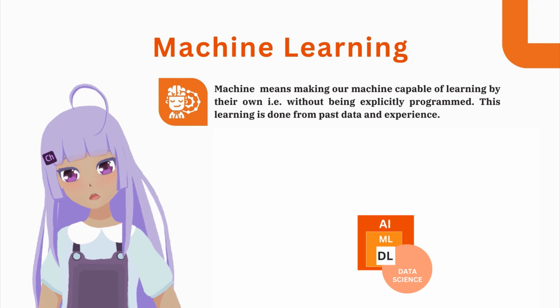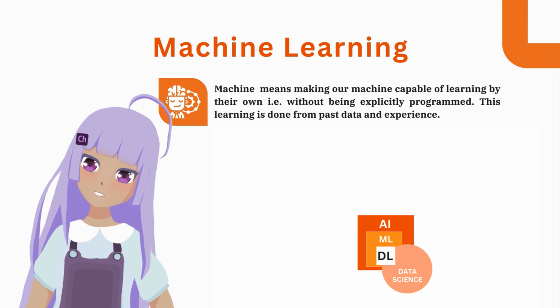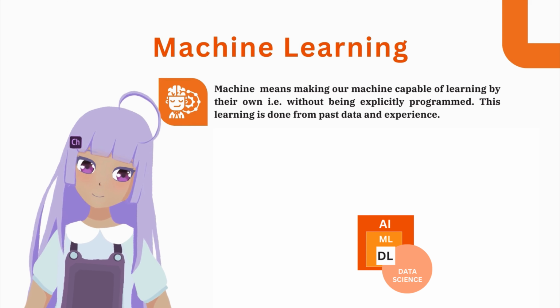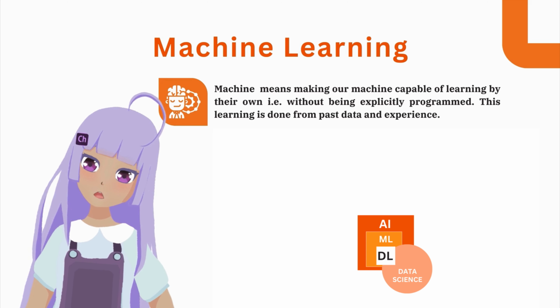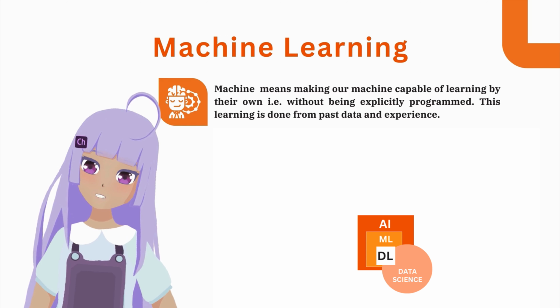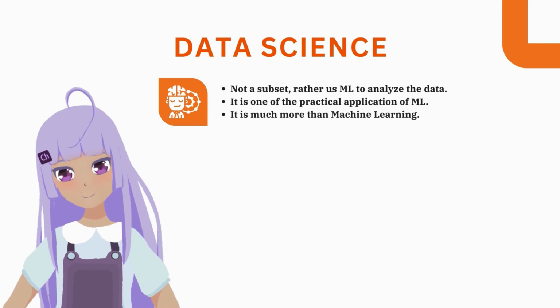Next there is a subset which is actually ML. ML means machine learning, which we know what it is. Next there is another subset which is deep learning. That means some of the algorithms of machine learning are categorized as deep learning. We will not cover this part in this course, but that's how these three terms are related.